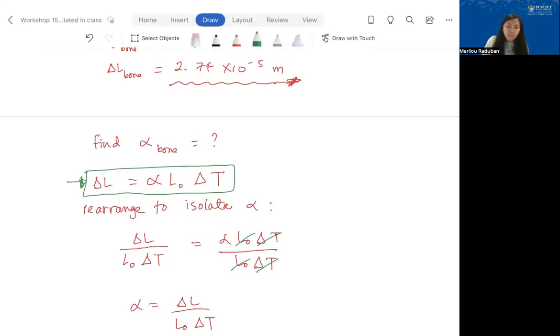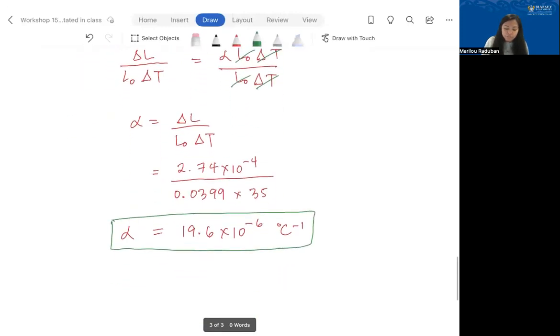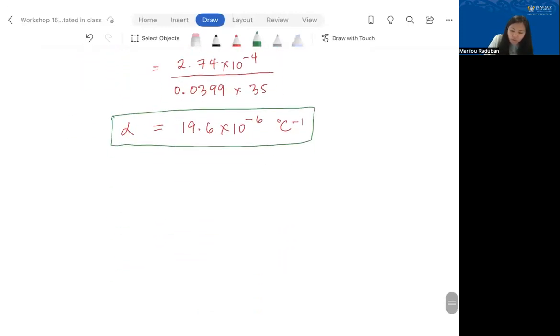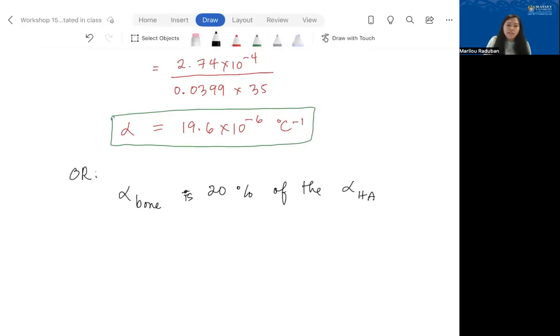Because they're directly proportional, the change in delta L is the same change for alpha. So you can also solve this by saying that the coefficient of expansion for the bone is 20% of the coefficient of expansion for HA.